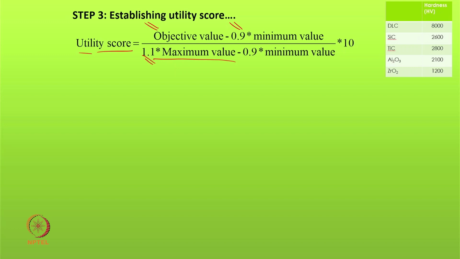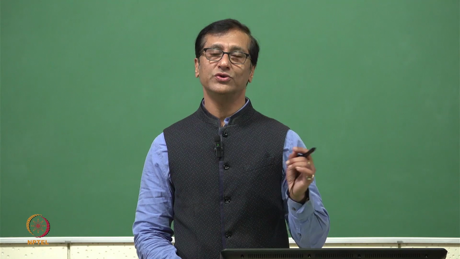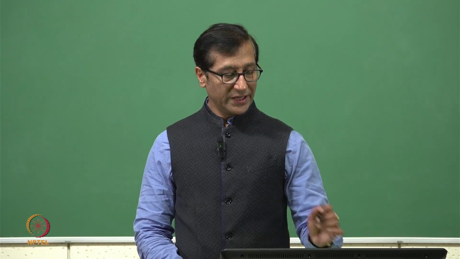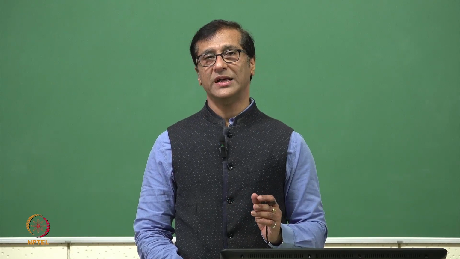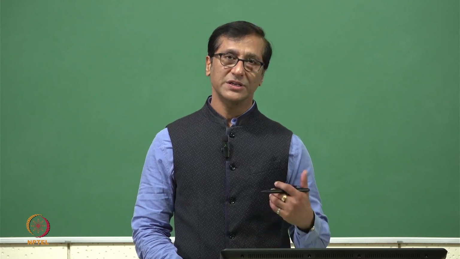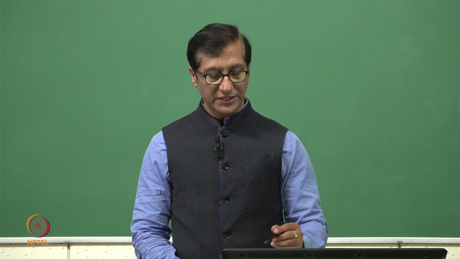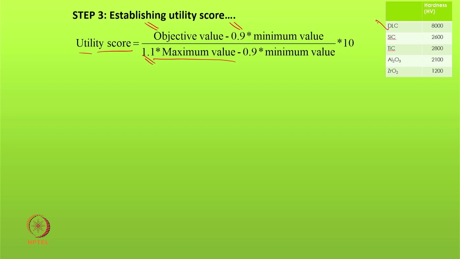There's a possibility that a 10% improvement will happen in future because research is going to improve the solution. Next, for the minimum, because we will try more and more trials, quite possibly a 10% decrement is also possible. So this has been done. Now let's see: DLC has a hardness of 8000, SiC has 2600, TiC 2800, aluminum oxide 2100, zirconium oxide 1200.